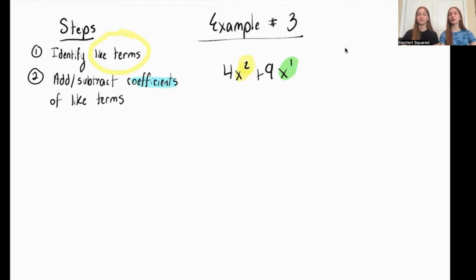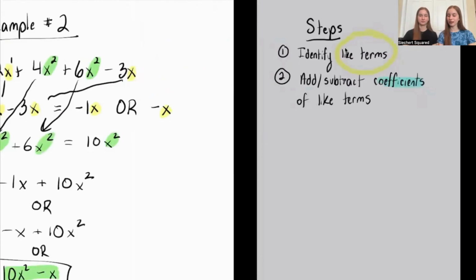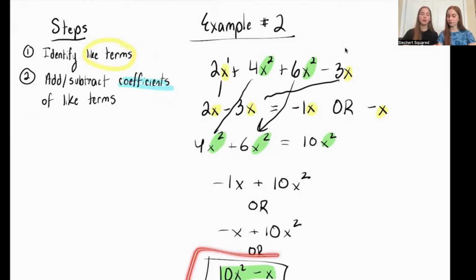At a certain point, you get so used to combining like terms that you're going to want to look at the 4 and the 9 and say 13x to some power, and you're going to want to keep going. But technically, you can't. You can only combine like terms if you have like terms. This is really similar to where we ended the last problem, where we had an x squared and an x. The reason we didn't keep going and combine them is that those exponents didn't match up.